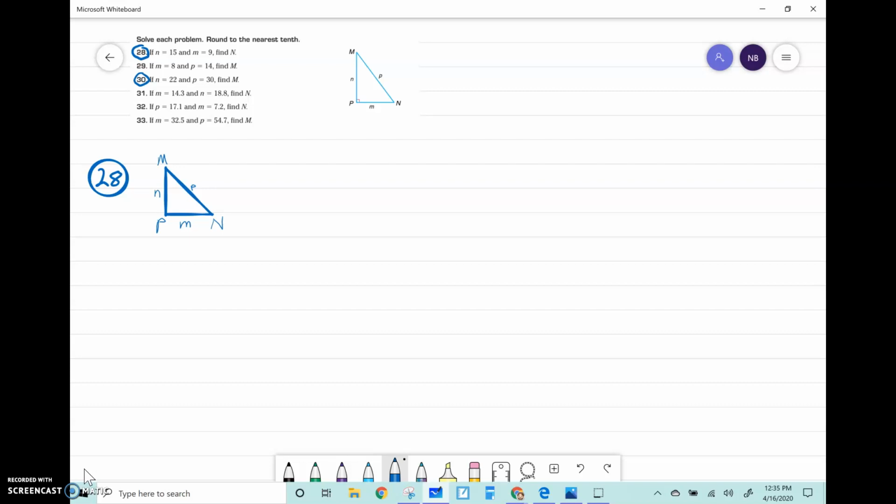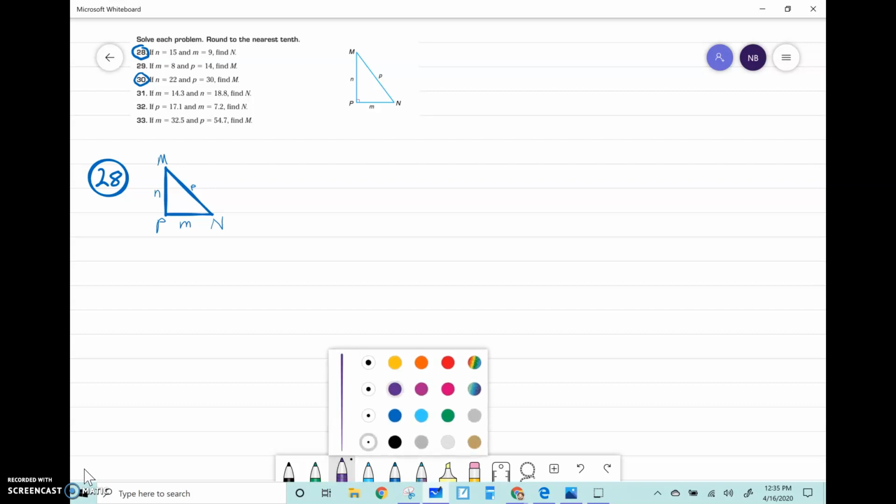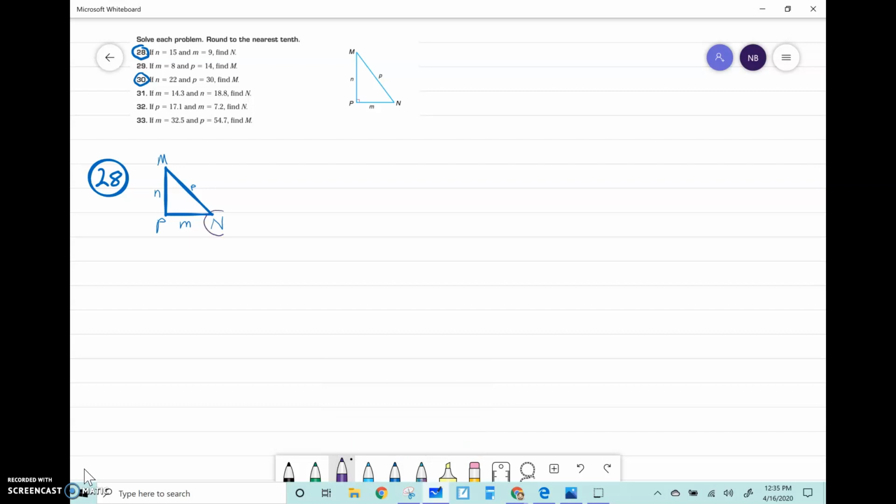So for 28, we're looking to find angle N. Let's label what we have right now. This is the right angle right there where angle P is. They give us that side N is a length of 15 and that side M is a length of 9.